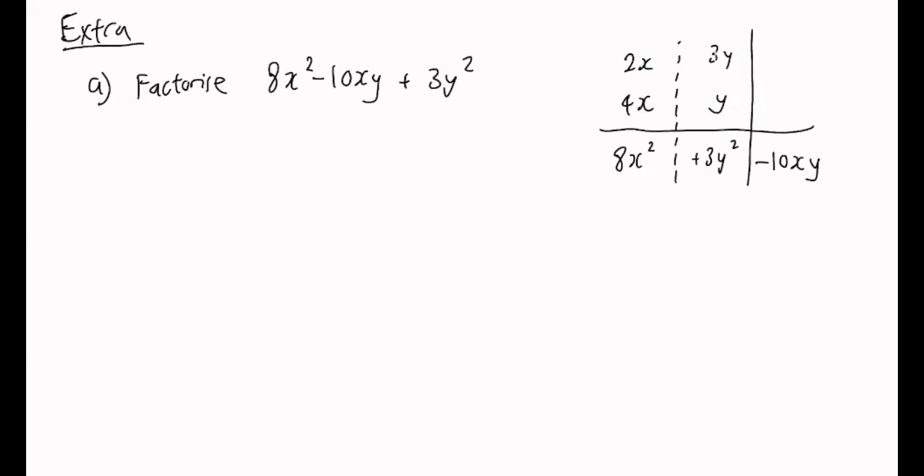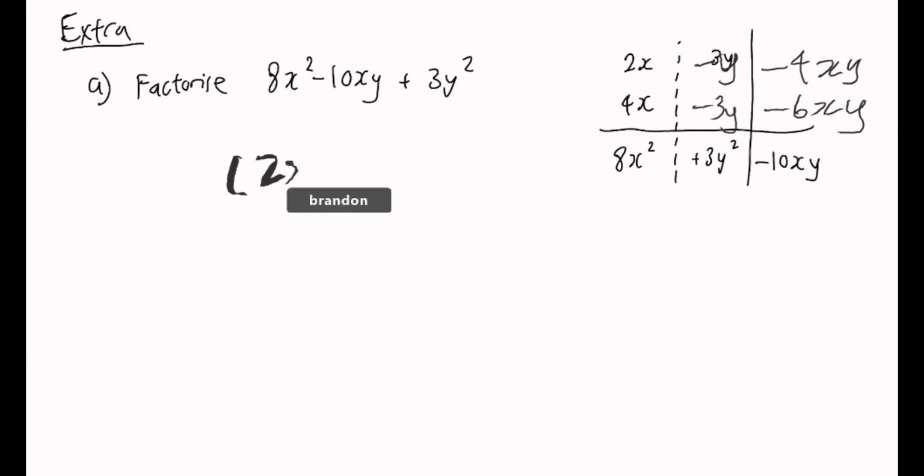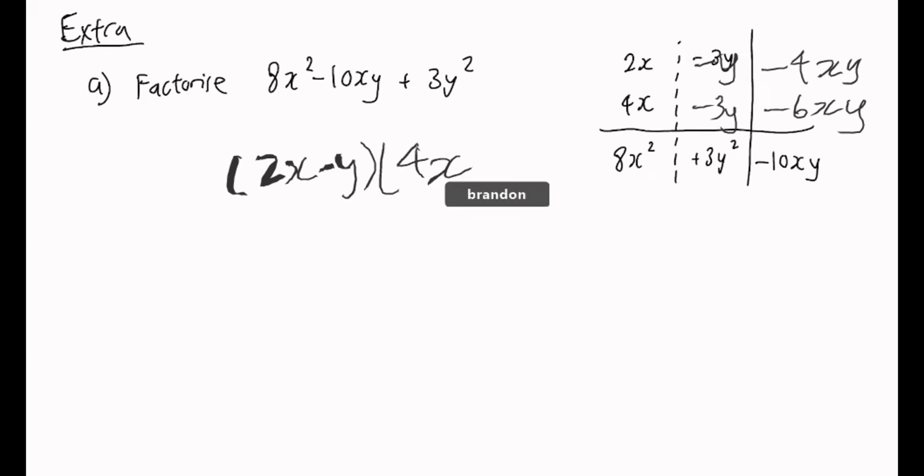Let's say for example I pick -3 and -y squared. Yes, it's correct already.